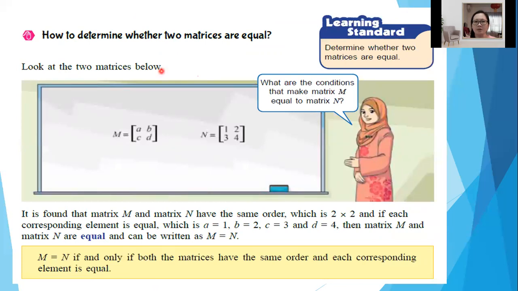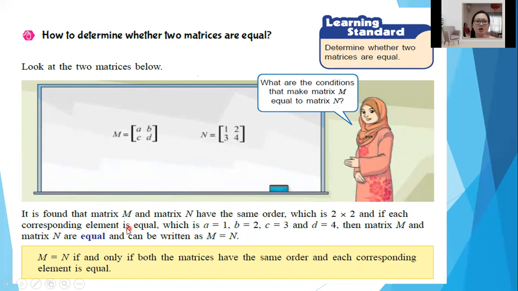Okay, so the third learning standard is determine whether two matrices are equal. How to determine whether two matrices are equal? Let's look at the two matrices below. It is found that matrix M and matrix N have the same order, which is 2 by 2.